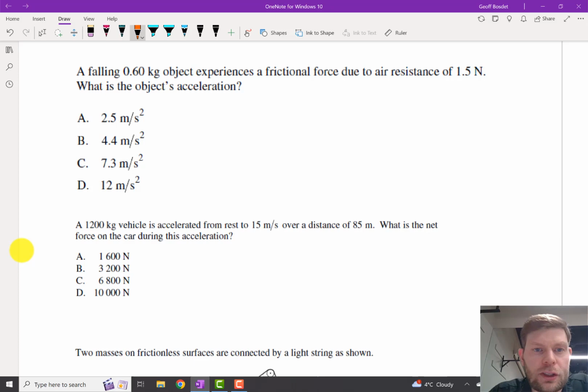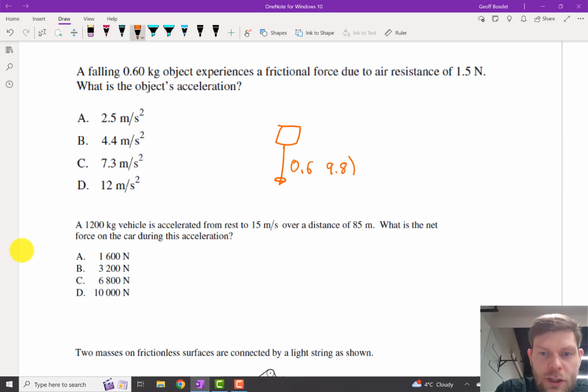Falling 0.6 kilogram object experiences a frictional force due to air resistance of 1.5 newtons. What's the object's acceleration? We just need to free body diagram this and then do a big minus small. In this corner, we got gravity, 0.6 times 9.8, which is equal to 5.88 or 5.9 newtons.